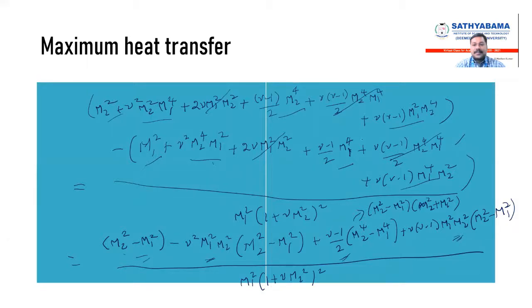So I am just taking it as an ideal constant, right? m1 square m2 square as common outside, and I am making this expression like this, that is the last two terms, right? And then the remaining terms are m2 square minus m1 square written, and then gamma square m1 square m2 square, okay? And here also with these two terms I am taking out and writing this term like this.